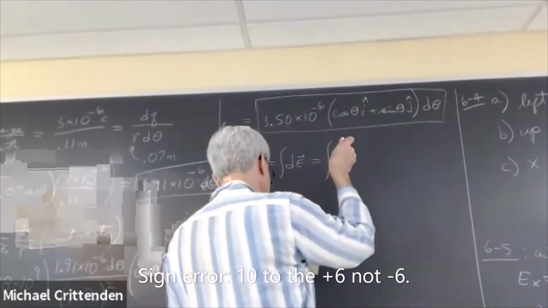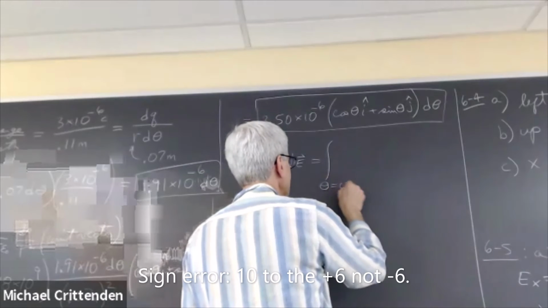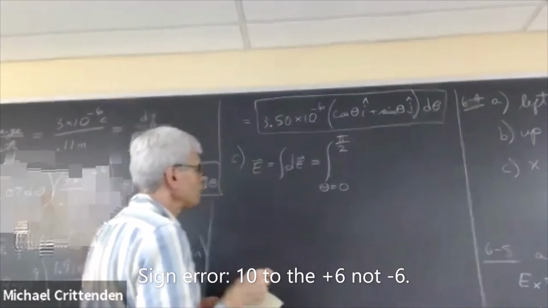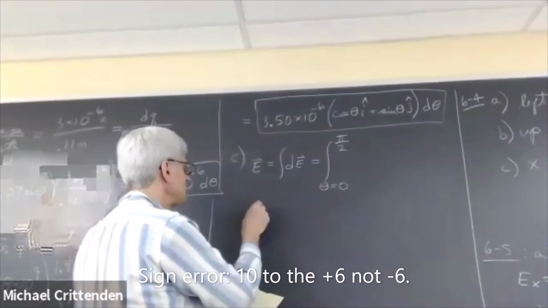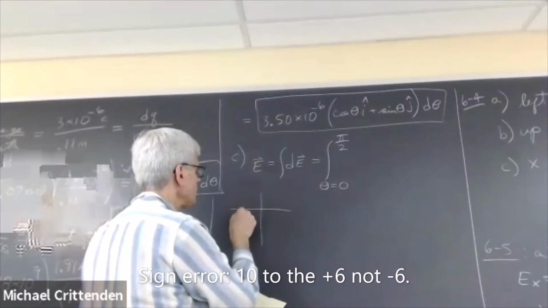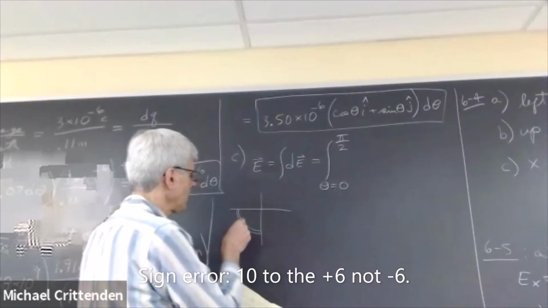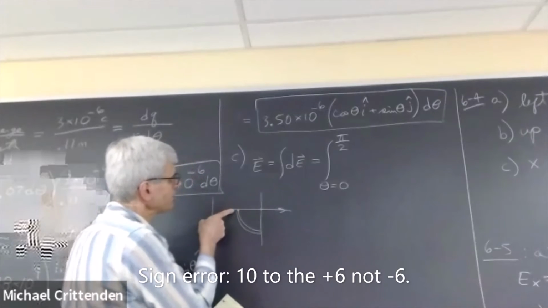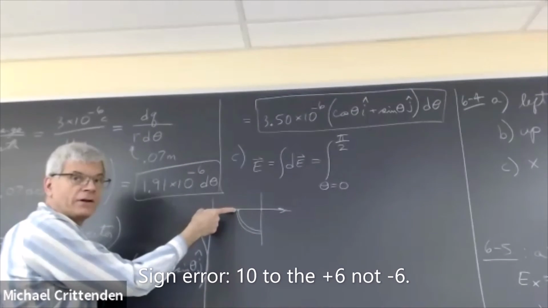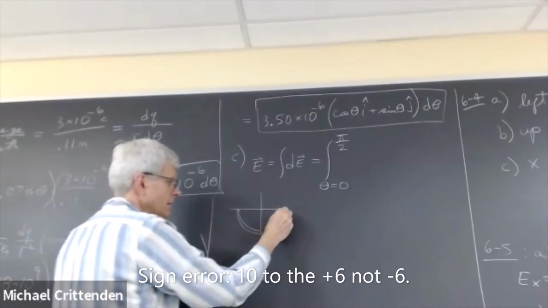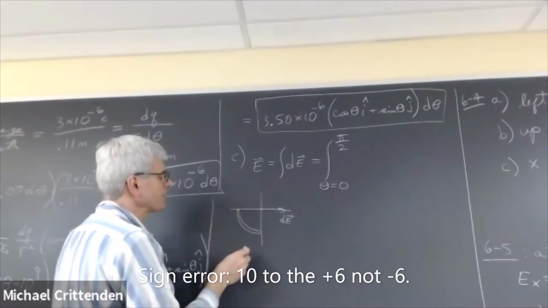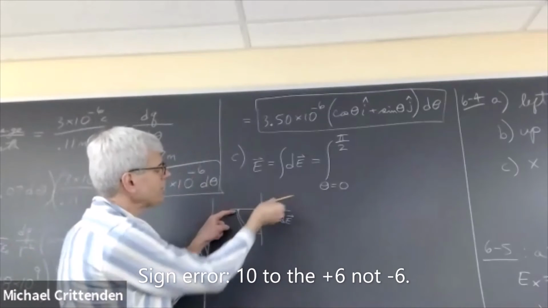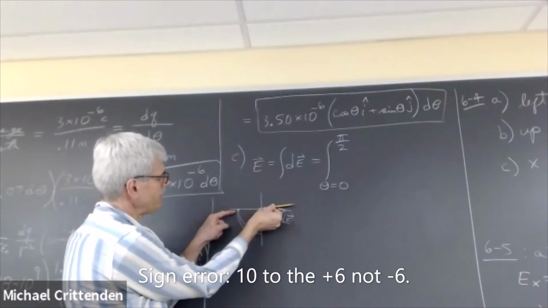The limits of integration would be from 0 to pi over 2. Maybe I should make a little sketch. Here's the dE for the first little piece at this end of the rod. dE points that way. And then the field of the next piece is a little bit above the x-axis.